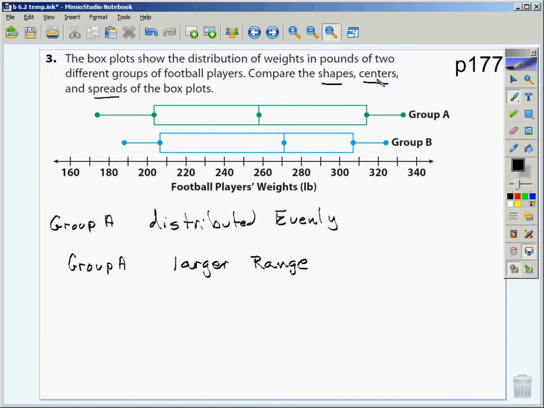What are the centers? What's Group A's center? Yeah, maybe 258, 259. And what's Group B's?